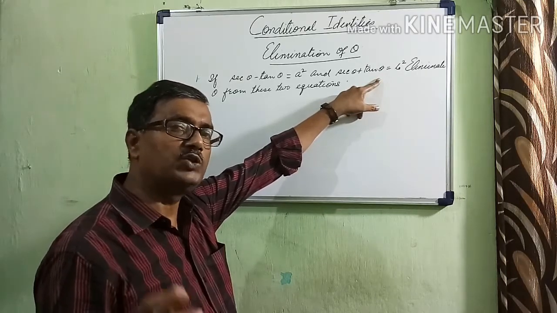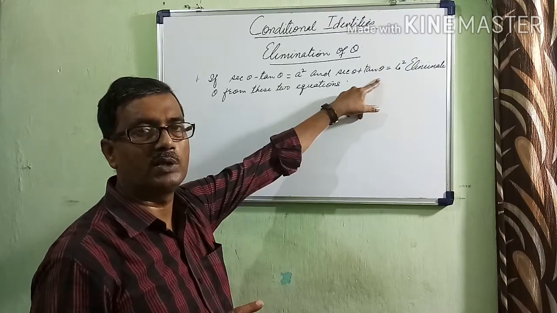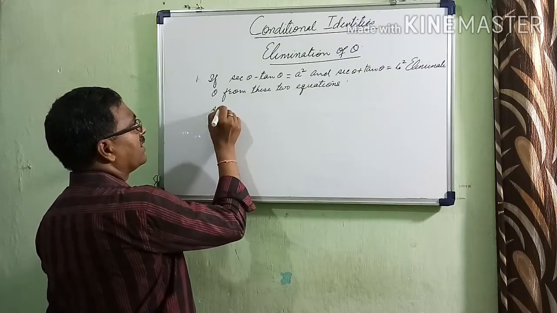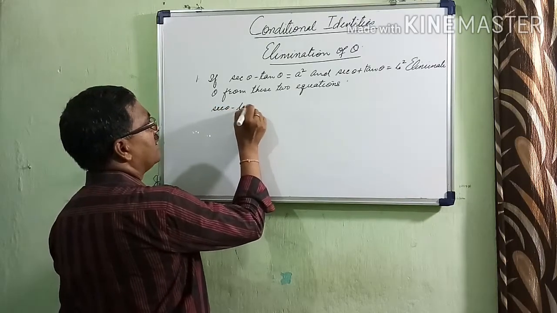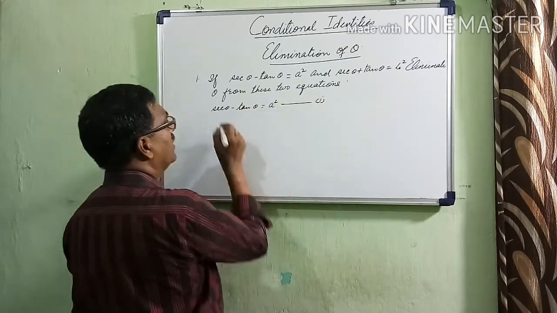Remember, you need to learn the identities you have studied before the vacation. So here let us say sec theta minus tan theta is equal to a square. This is equation 1.